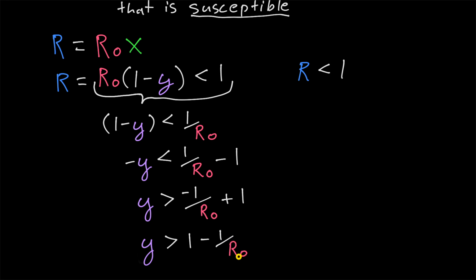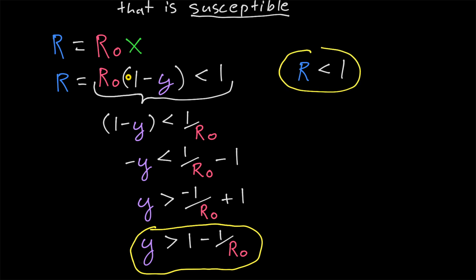Now, what is this equation giving us? This equation is actually giving you the condition for herd immunity. It is literally telling you that if the fraction of the population that is immune is greater than this, then R is less than 1, because look at what we started off with.